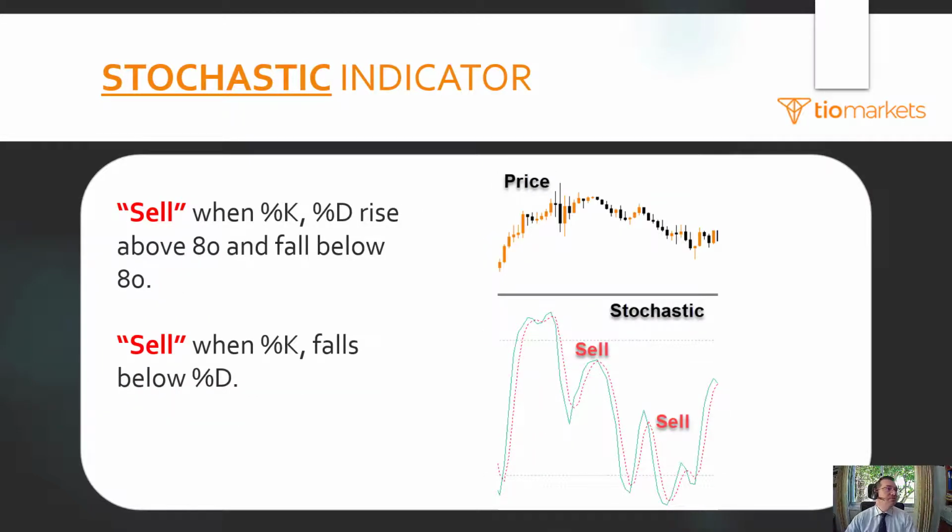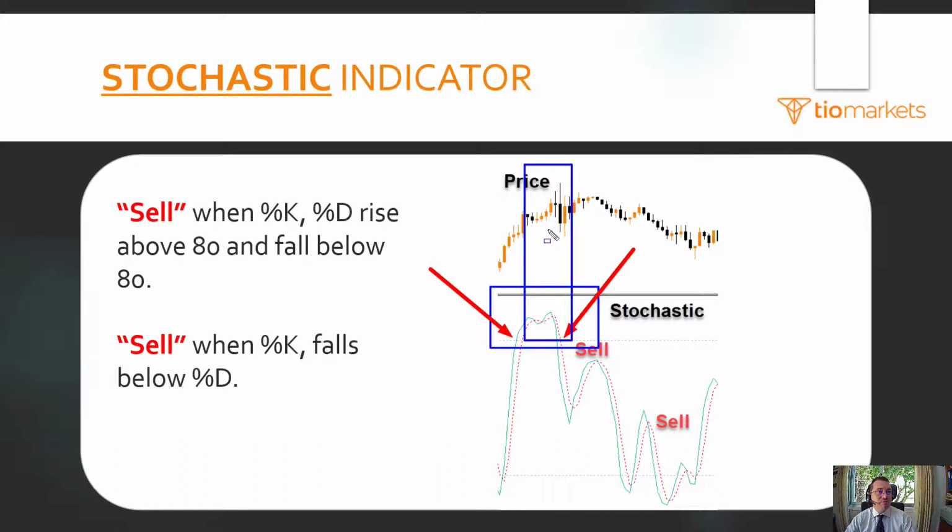Sell signal is going to be the opposite. Here we're going to see our warning and then the actual signal. And it's very nice to see how that works. This is the warning, this was our signal, and then this was price.